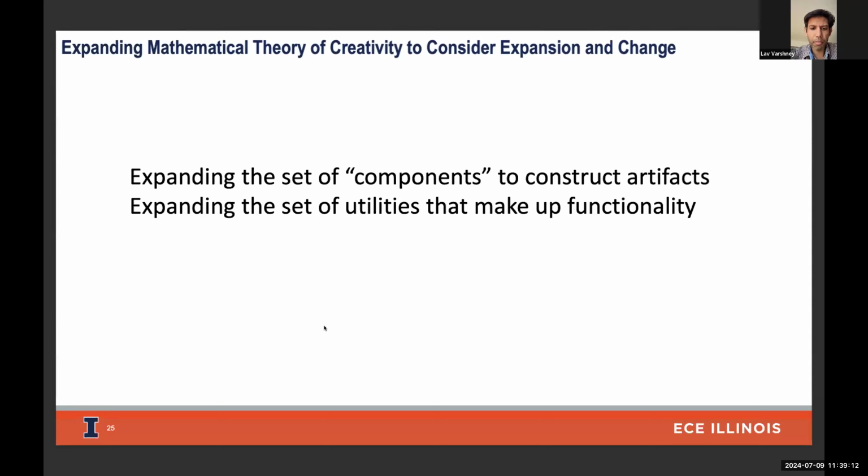So when you want to build a good cell phone, you want good communication rates, but you also want good mobility and various other factors like energy efficiency. So there's a bunch of utilities, and you can think of new utilities that make up functionality that might emerge. Okay, so that's the other core piece of what we're thinking about as part of our research. Next.